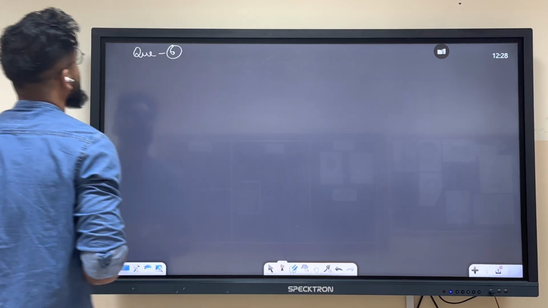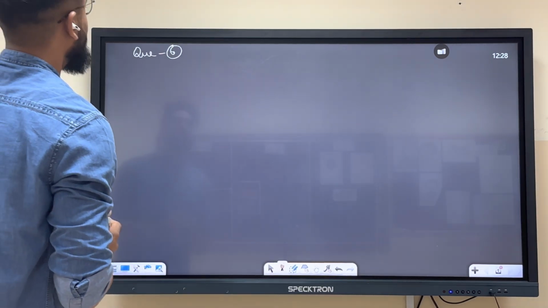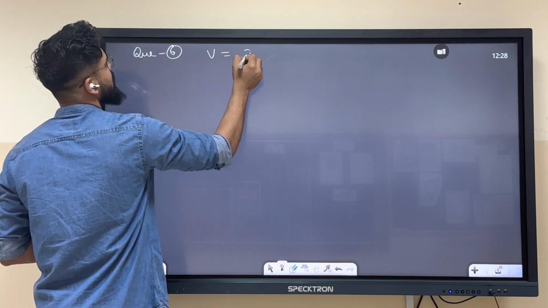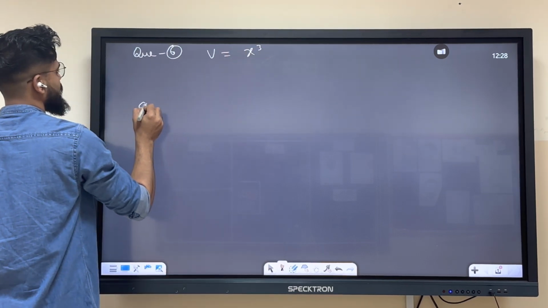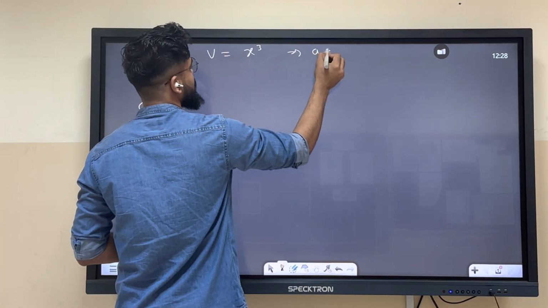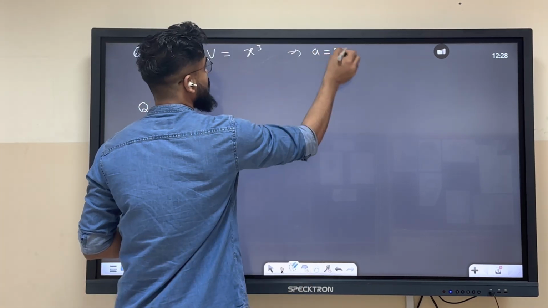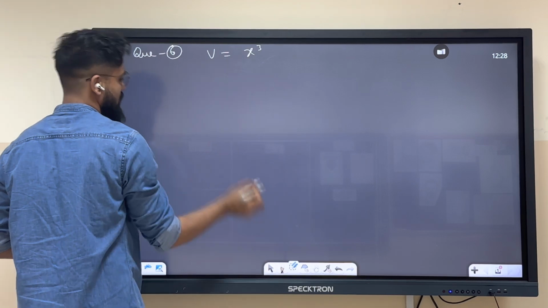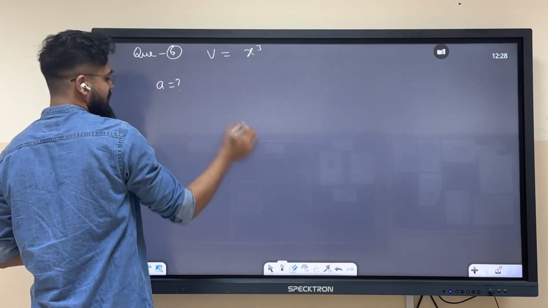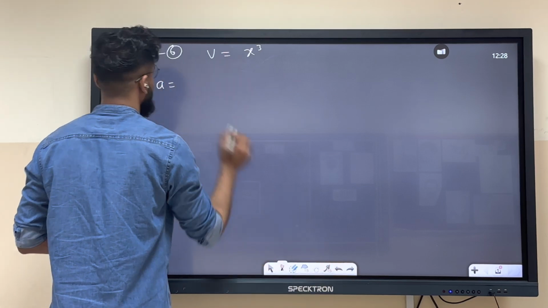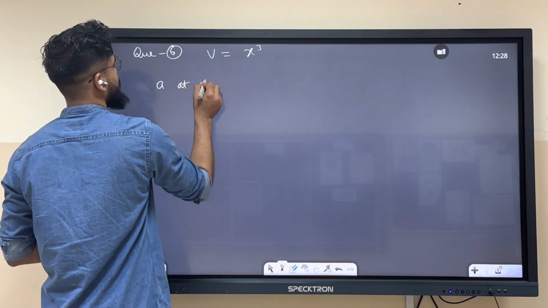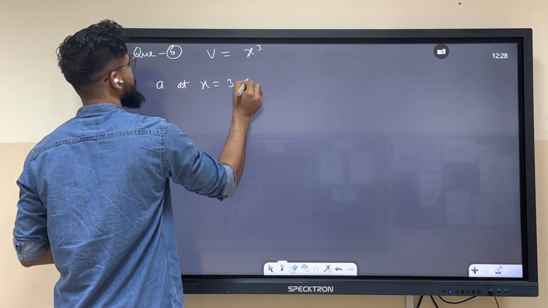So now we were solving a equals v dv by dx. Let's solve 2 more questions. What will be the acceleration? What will be the value of acceleration at x equals 3 meter?